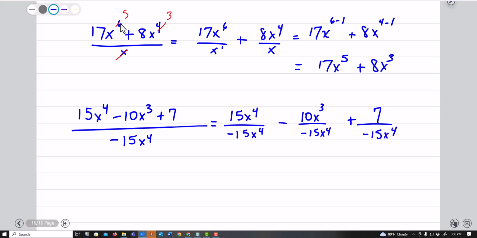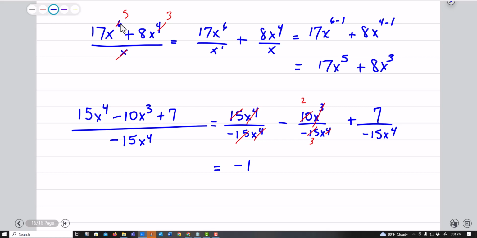So this first piece right here, I certainly see the 15s are going to cancel, and look, that's going to cancel. But I still have a negative, so I really have a negative 1 here. And now this piece looks like I could divide out 5 in the top and the bottom. And then it looks like 3 minus 4 would be a negative 1, or these 3 are going to cancel and make that a 1.